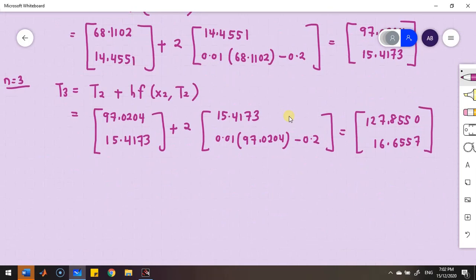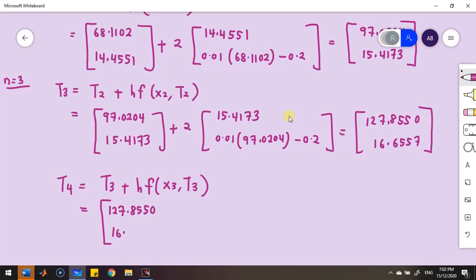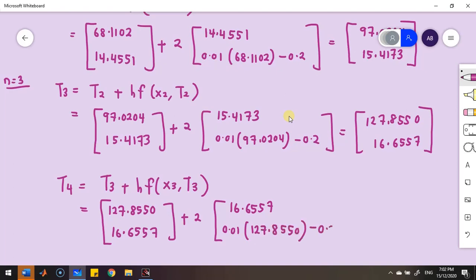Now what is my T4? T4, I have T3 plus hf of x3 T3. So I have 127.8550, 16.6557 plus 2 times 16.6557, 0.01 times 127.8550 minus 0.2.